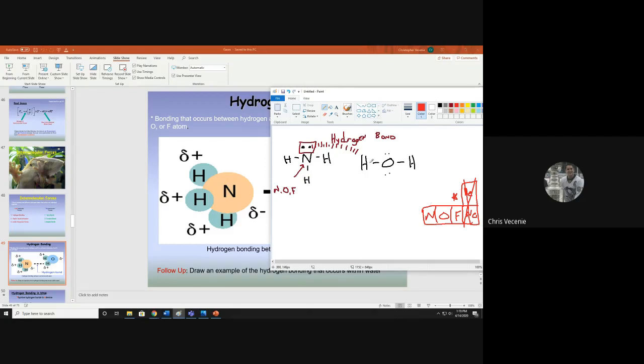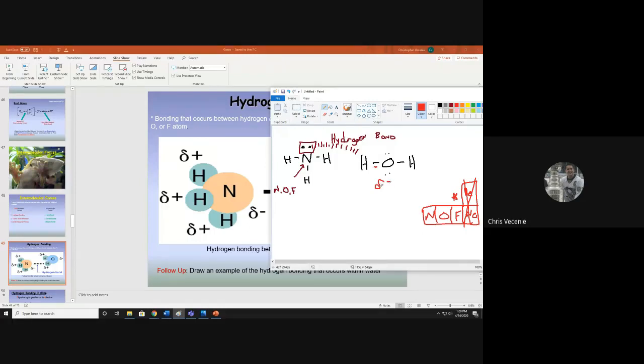What that means is in this bond right here, these electrons favor the oxygen because it's more attractive. And because the electrons are leaning toward the oxygen, that oxygen feels a little bit negative.